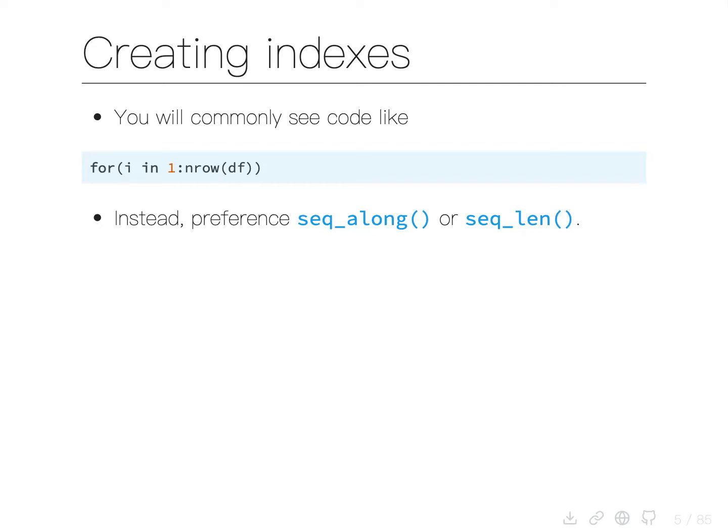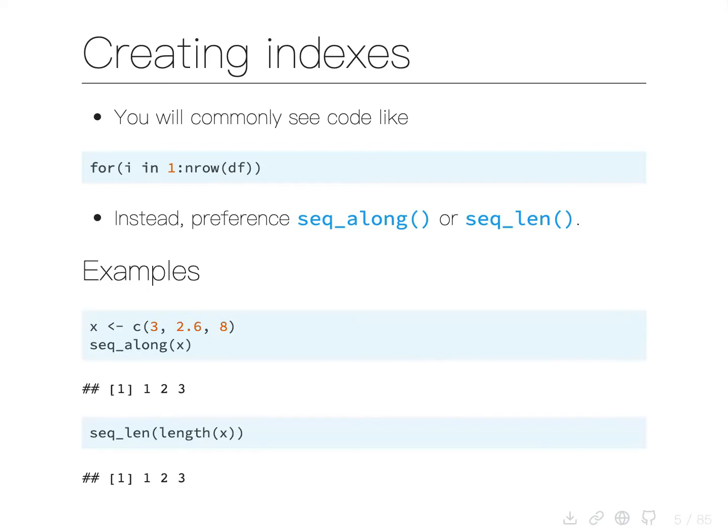So instead of saying 1 colon and then some calculation of a length, you would just use seq_along or seq_len. These functions work like this. Here I have this vector x, and I say seq_along. It's going to find that vector x and create an index from 1 to however long that vector is.